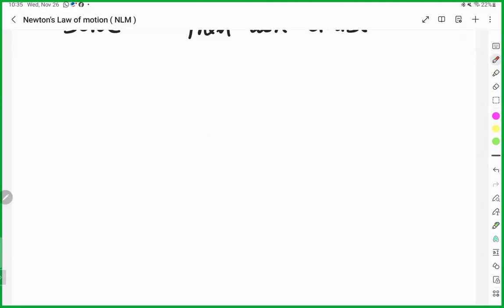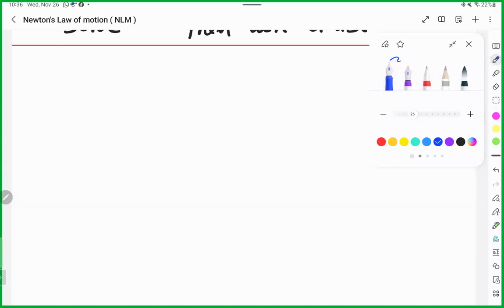I am always open, you can tell me, sir, I was reading my notes and you did not teach this part, can you please explain? I will definitely explain. Along with that, when we solve numericals, we will add more notes. This is not the final, it is the basic one. Move to the next part.